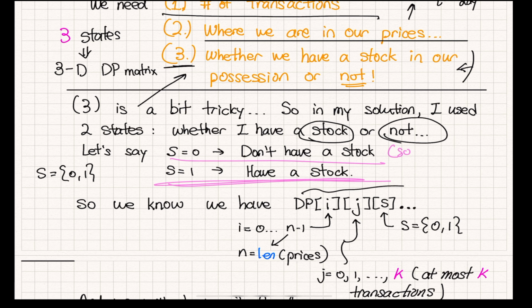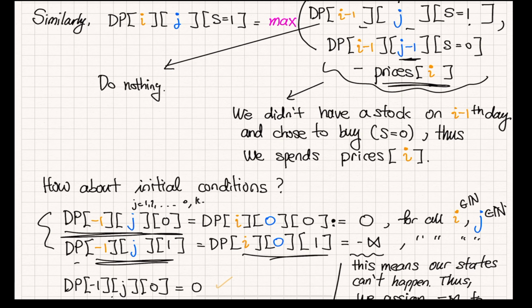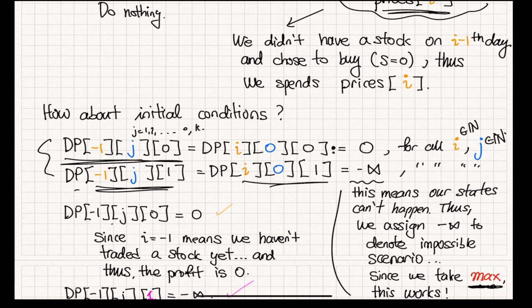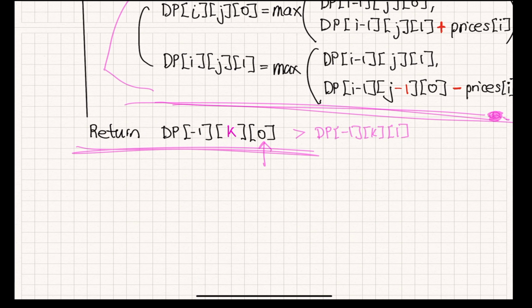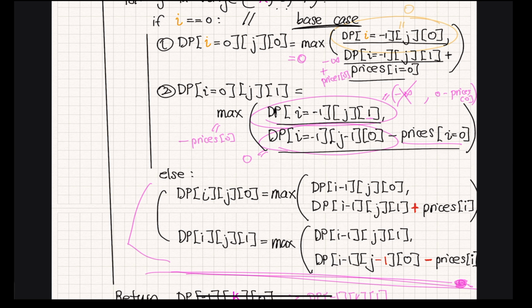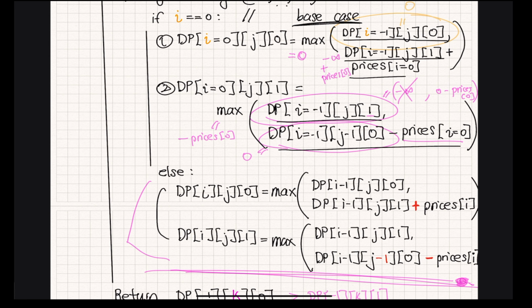So that means we sold a stock. When you sell a stock, you at least get some profit. So that's why this guy is always bigger than this guy. Yeah, so I think that's it. That's for this problem, and let's actually work on the problem.